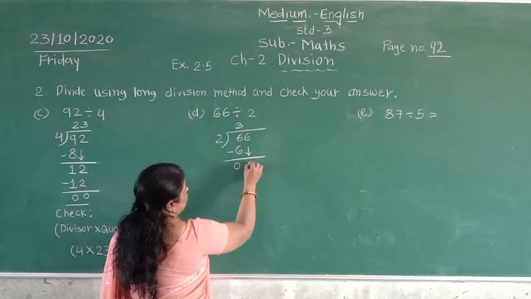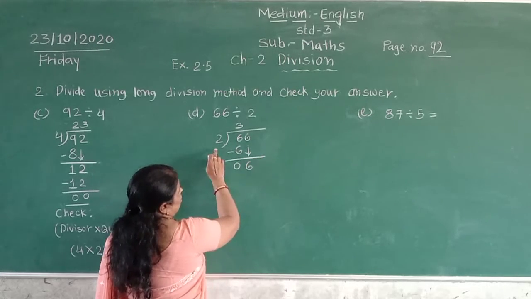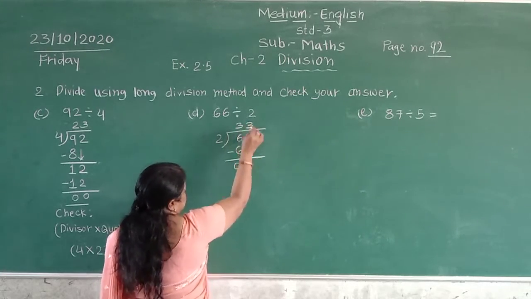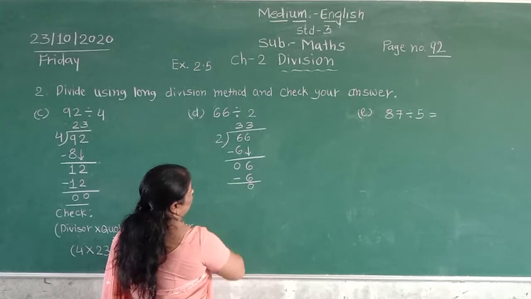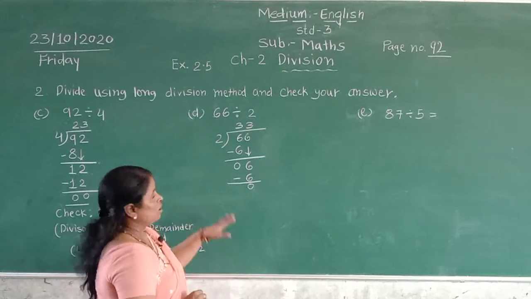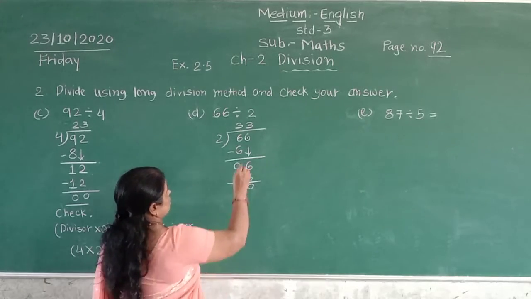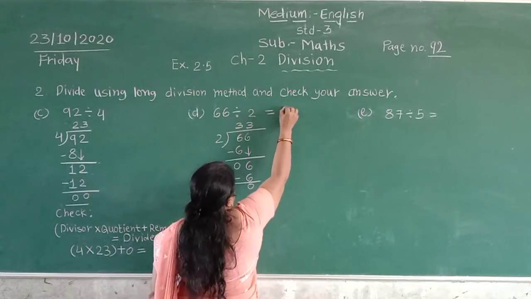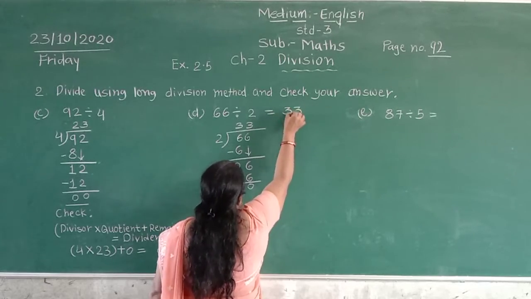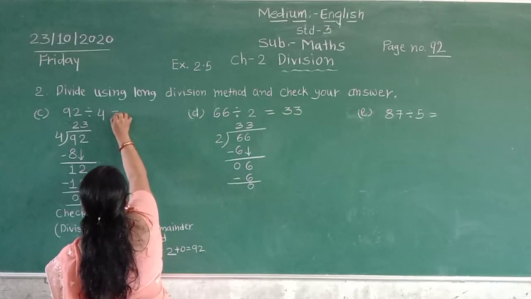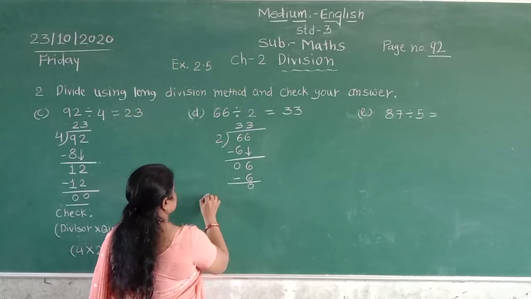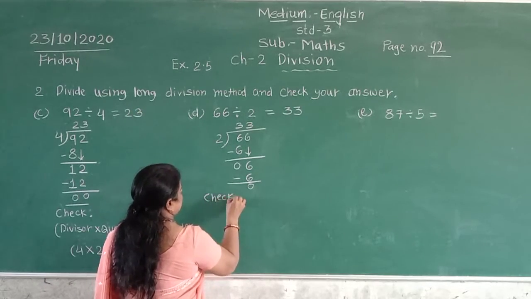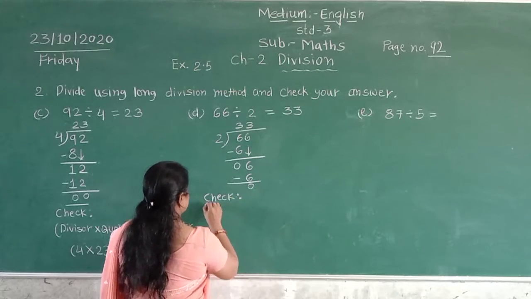Bring down again 6. 2 3s are 6. 6 minus 6, 0. Now we check our answer and here we write 33. Now check our answer.